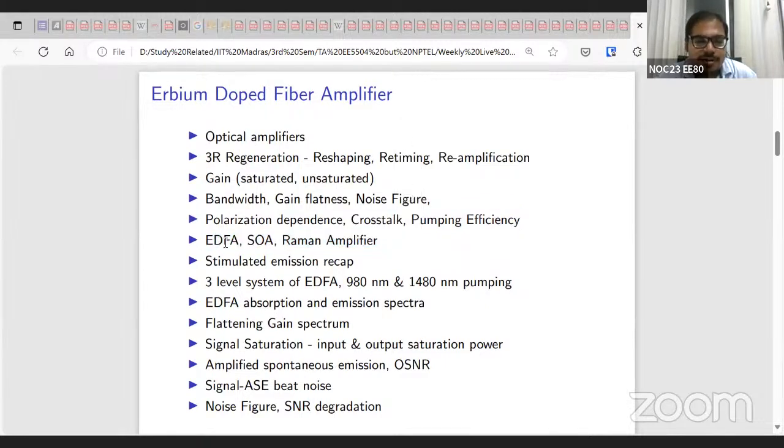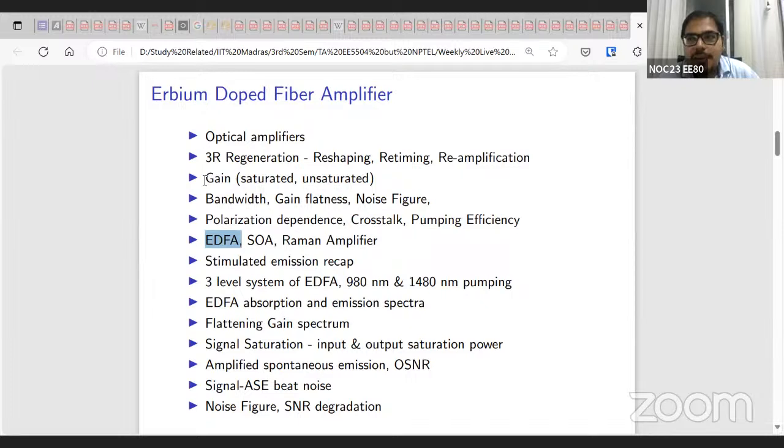EDFA is the most popular, and there are some specific use cases where silicon optical amplifiers and Raman amplifiers are used. Then we talked about the requirement for amplification, how we need amplification if we want to reach long distances. Then we talked about what kind of parameters are of interest if we are buying or selecting one amplifier to be used in our system.